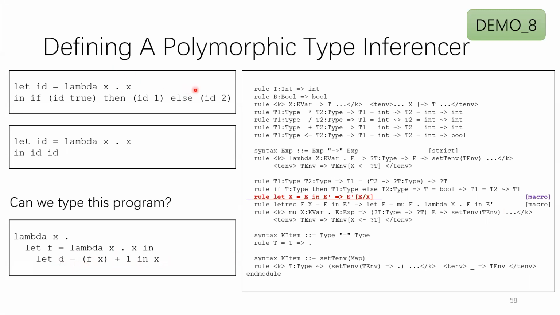Yes, Brandon? In your solution there, though, don't you now get multiple definitions of ID, or the lambda anyway, which are actually the same? So you get duplication that's unnecessary? You mean here in this row? Yeah. Because in your example, you've got then ID1 and else ID2. Both of those IDs are going to be the same type.